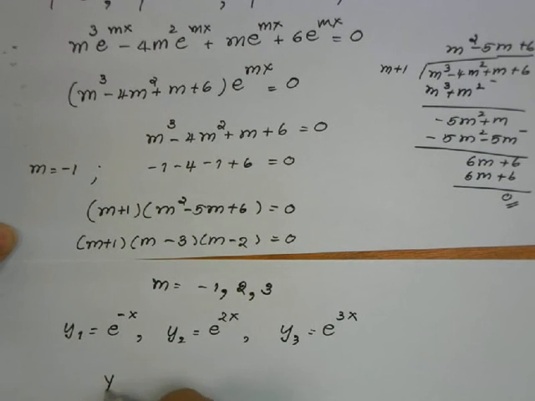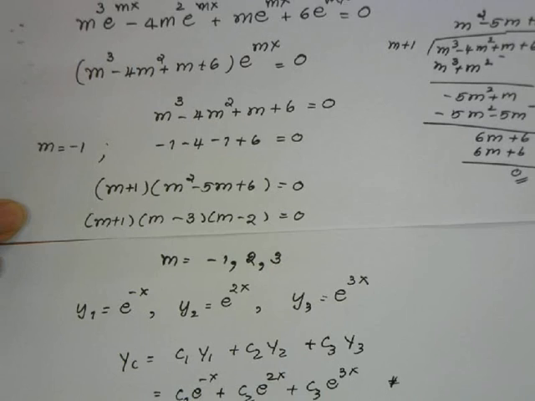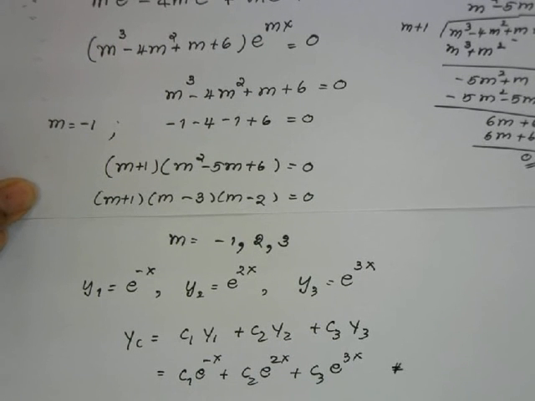So we can say that y is equal to c1y1 plus c2y2 plus c3y3. That's it. Any questions?